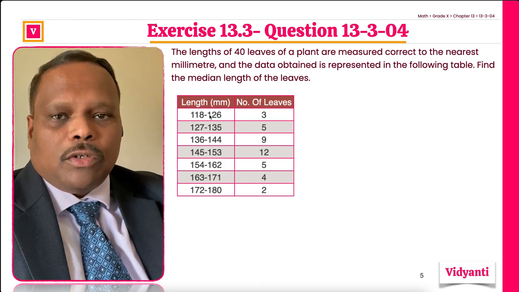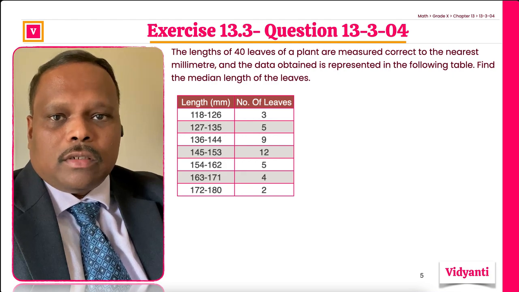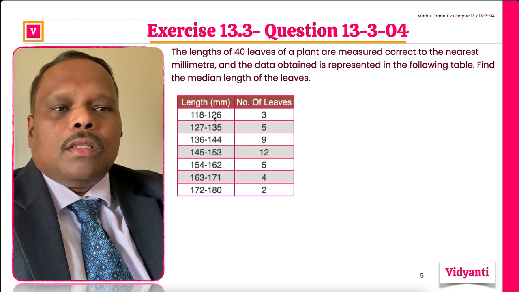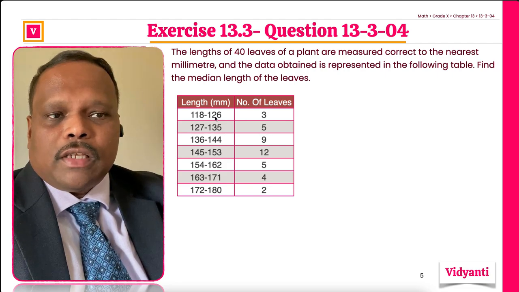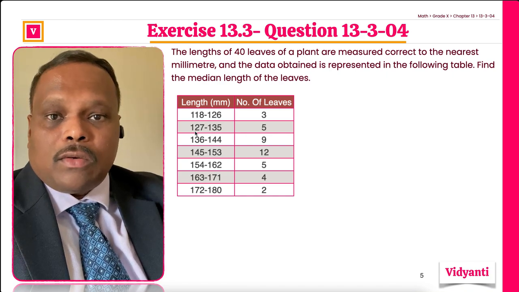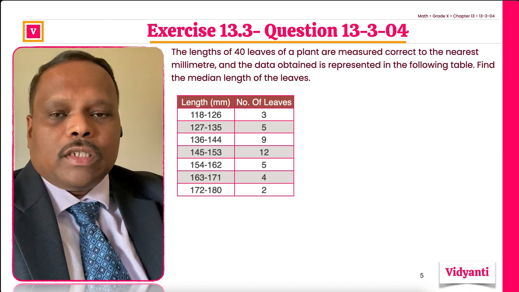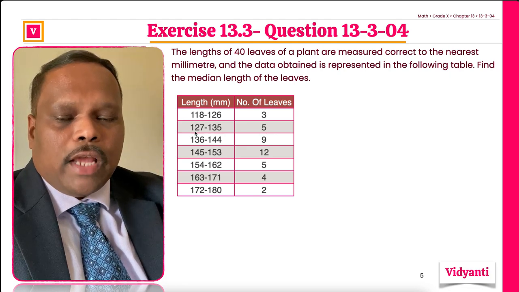So first thing we have to do, and this is mentioned in the question as a hint, if you refer to the textbook, there is a gap between successive class intervals. This interval finishes at 127, and this one starts at 126, and this one starts at 127. So first thing we have to do is make these continuous, and we will do that.